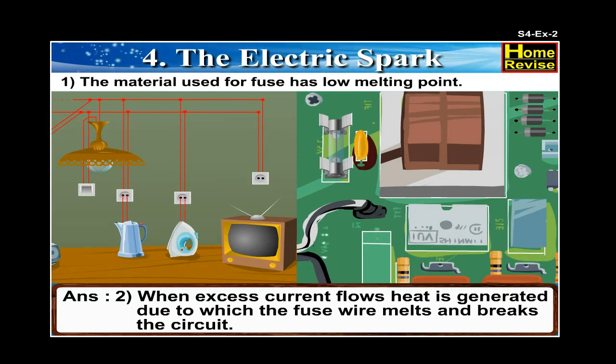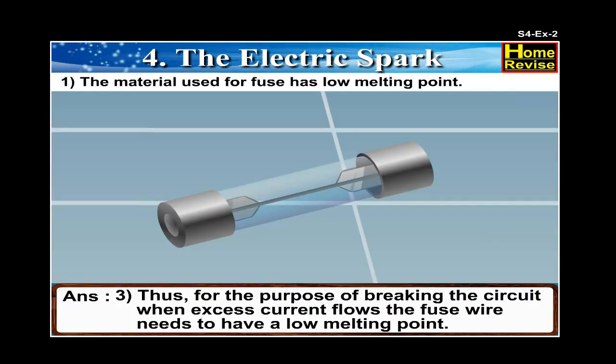Second, when excess current flows, heat is generated due to which the fuse wire melts and breaks the circuit. Third, thus, for the purpose of breaking the circuit, when excess current flows, the fuse wire needs to have a low melting point.